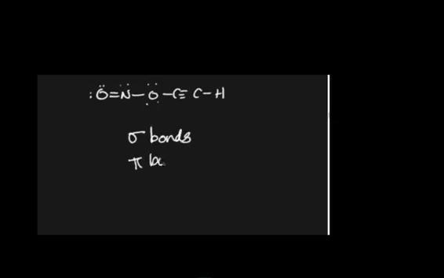We didn't do this one. You didn't do this? No, but I can guess that the number of sigma bonds will be 1, 2, 3, 4, 5, and pi bonds will be 2. No, 3. 3 pi bonds, yeah. 3 pi bonds. There's 2 here. But we didn't learn this then. We've not learned this yet.